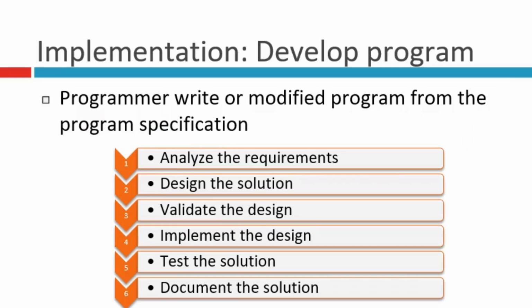In the phase 4 implementation, the first step is to develop program. In developing program, the most important part is the programmer will write or modify the program from the program specification.